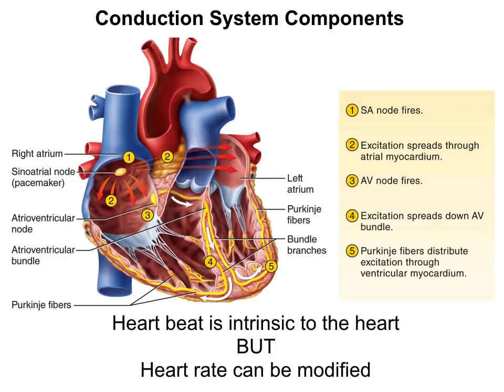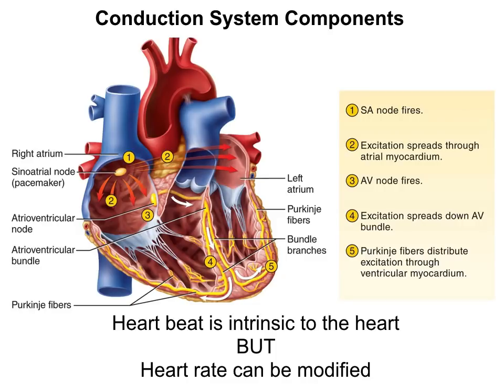Now, I want to stress before I move to the next slide that heartbeat is intrinsic to the heart, meaning that this conduction system, all on its own, will maintain your repetitive cardiac cycles. No nervous system input needed, no endocrine system input needed.